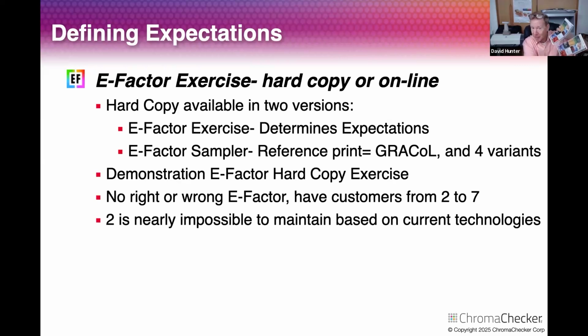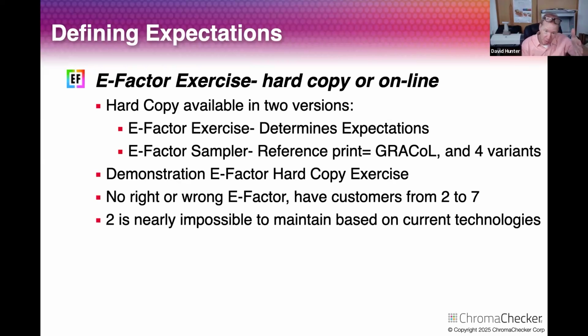And based on whether or not you say yes or no, it then goes to a different combination of color prints and then says, if the last two were not acceptable, are these two acceptable? And then you say yes or no. And it drives you to a response where it'll say you're a 2.